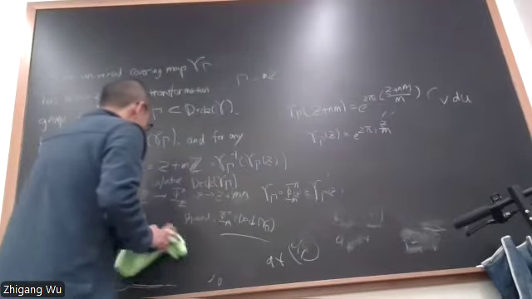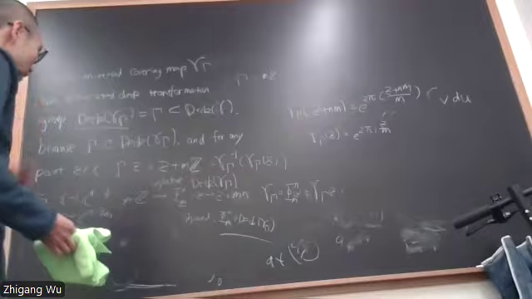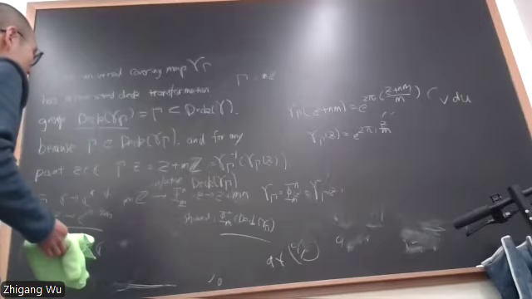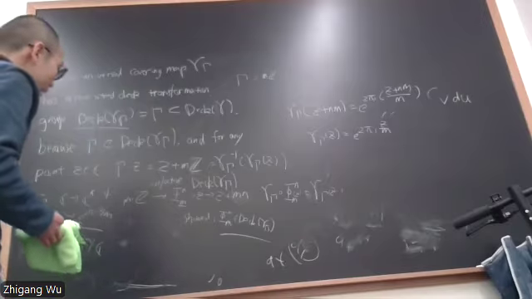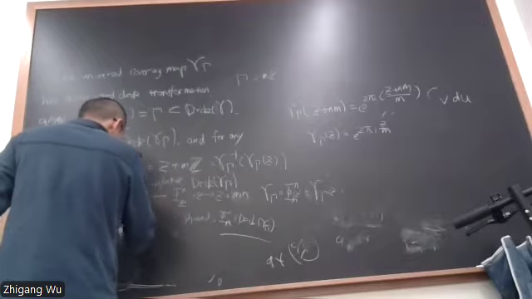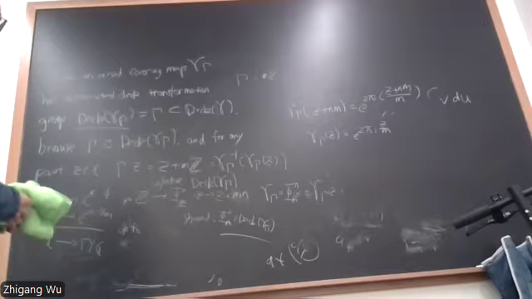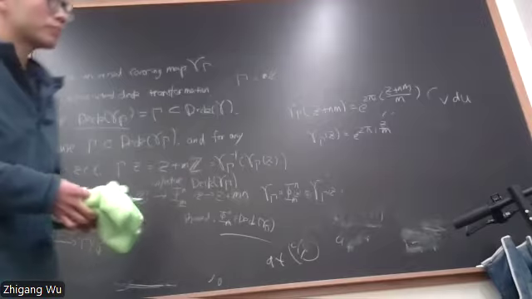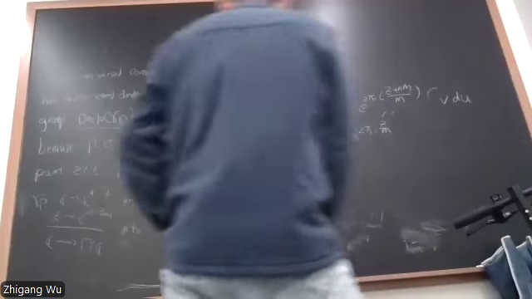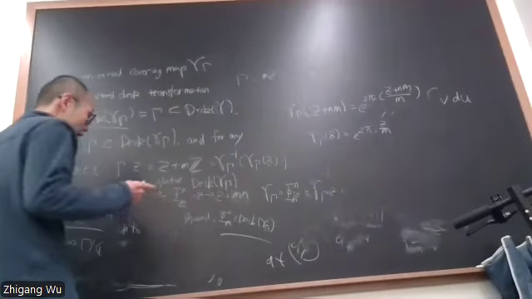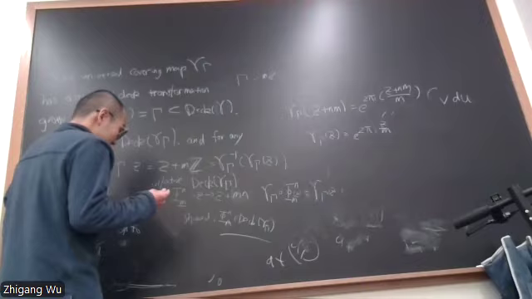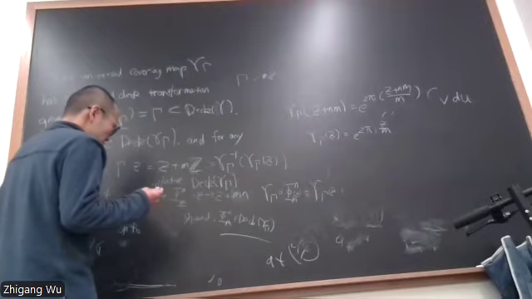Anyway, so phi is onto. I think the ontoness can be shown by exactly the same argument.